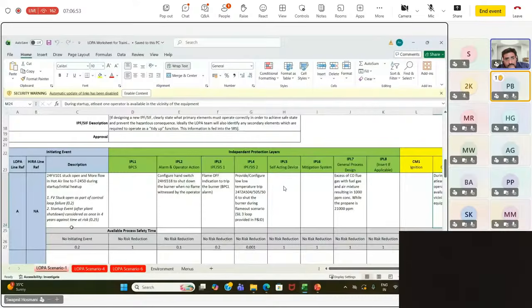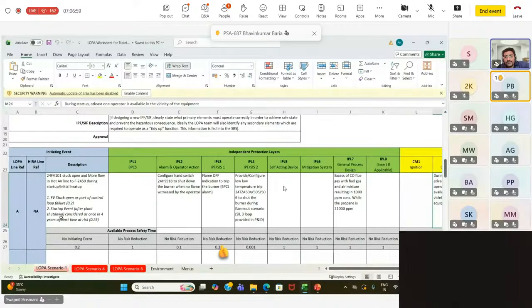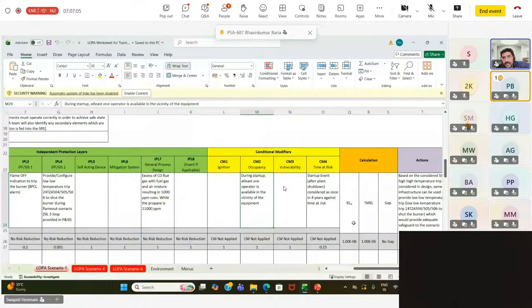Agreed? Fine. That is the value we have provided as the conditional modifier also. Consider the startup event after plant shutdown, at once in 4 years, against the time at risk. The time at risk is for any operator in the vicinity. During startup at least one operator is available in the vicinity.